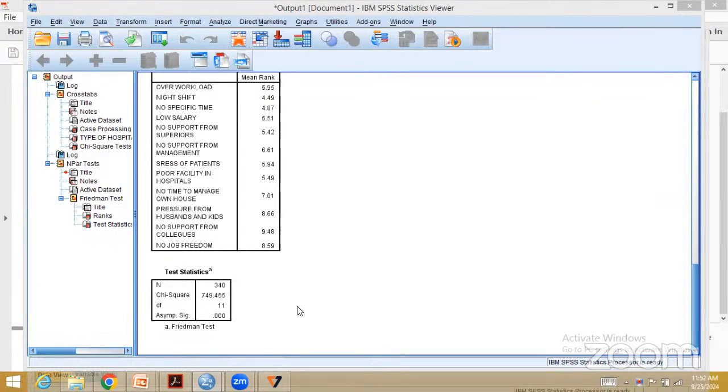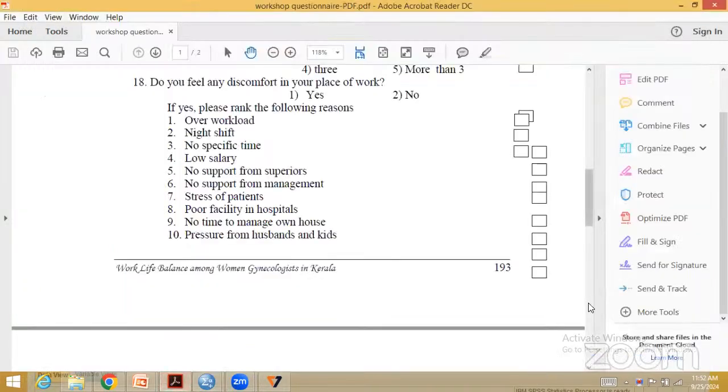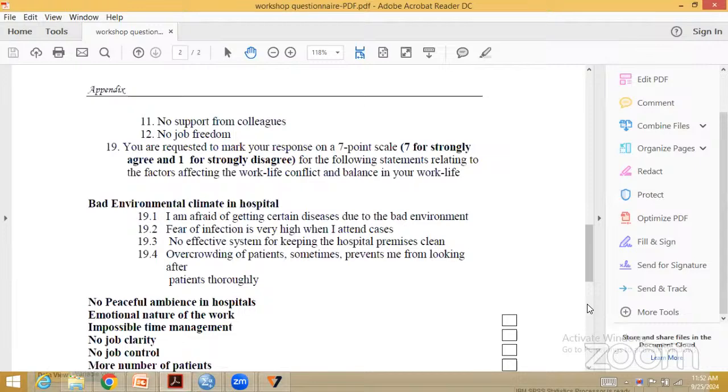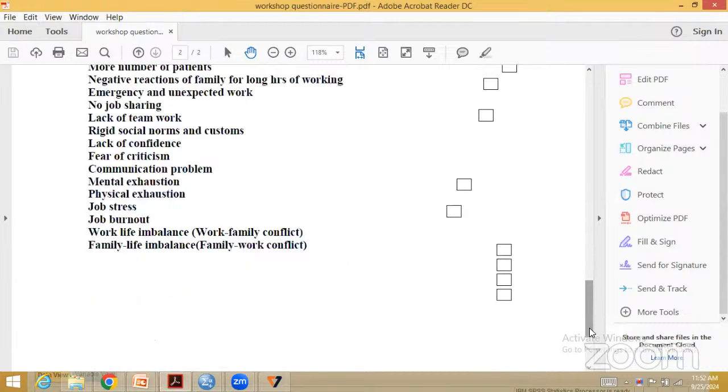So I have explained the chi-square, then now the Friedman test. Then coming to the questionnaire again. See, here job burnout and job stress.